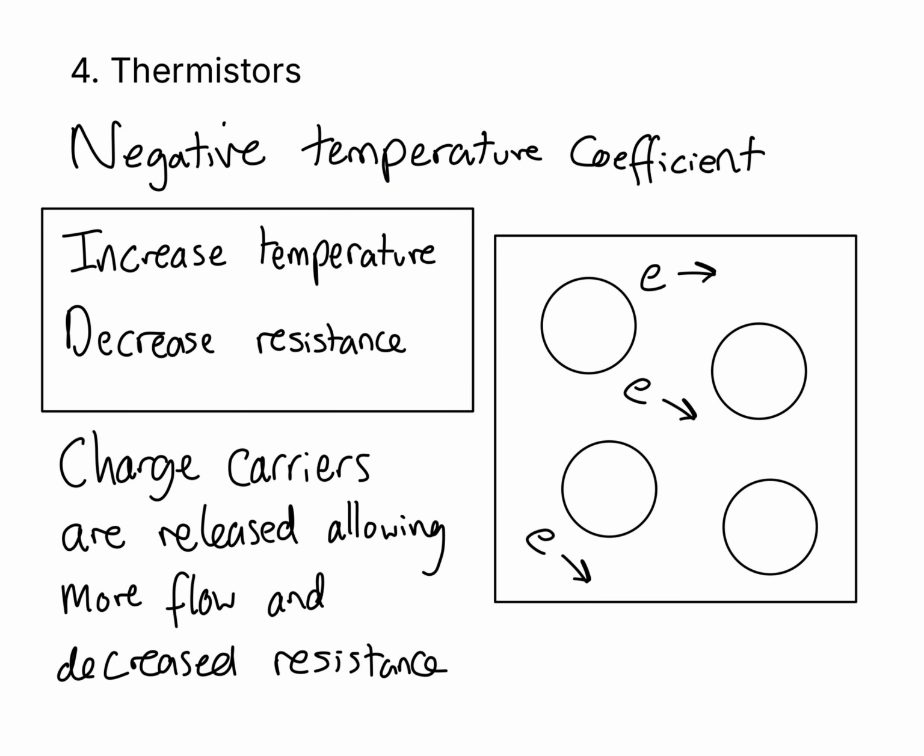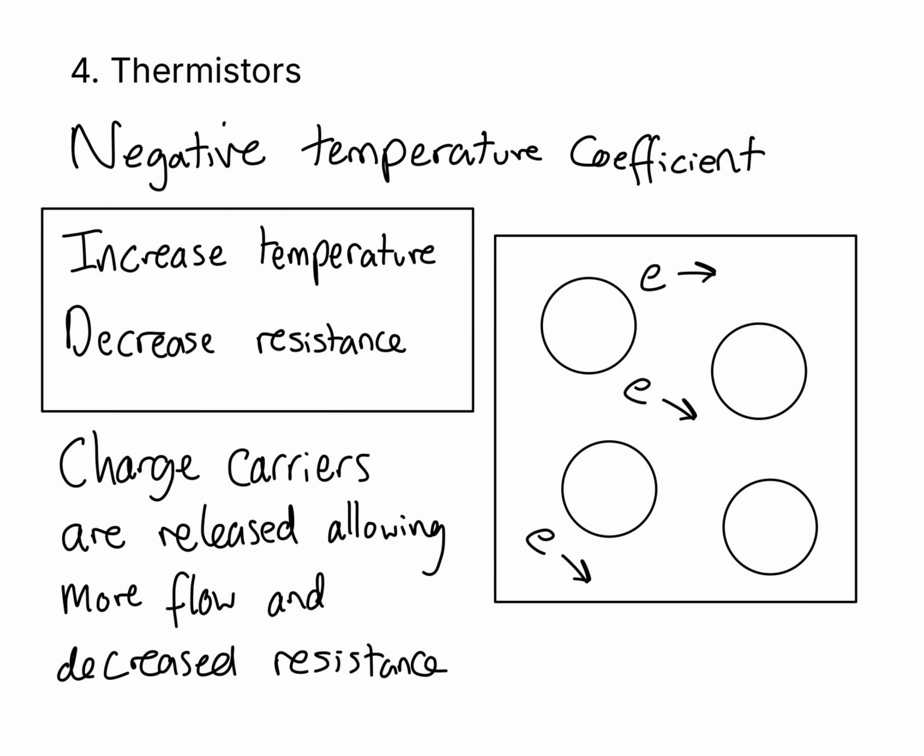Which brings us to the thermistor, specifically the negative temperature coefficient type, which is the one that you need to know. Its resistance falls as temperature rises. This sounds unintuitive, but heating it causes charge carriers to be released, sort of like releasing the electrons from being held by the atoms.